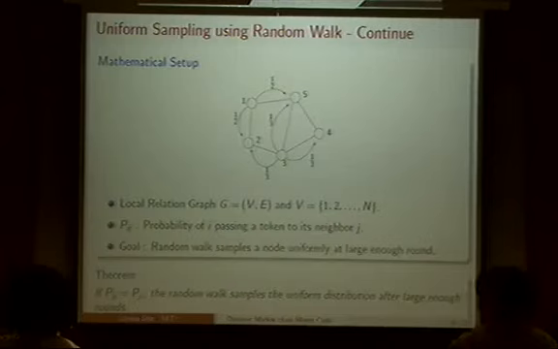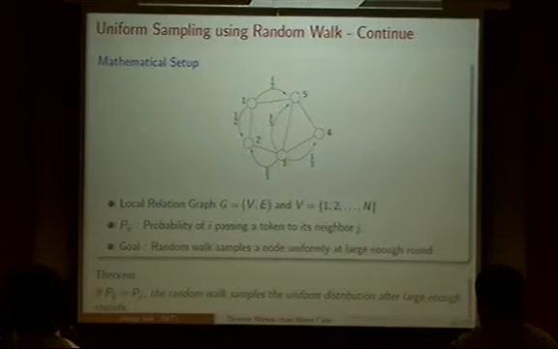However, this doesn't satisfy this simple condition. Because P15 is 1 over 2. However, P51 is 1 over 3. Because 5 has 3 neighbors, but 1 has only 2 neighbors.